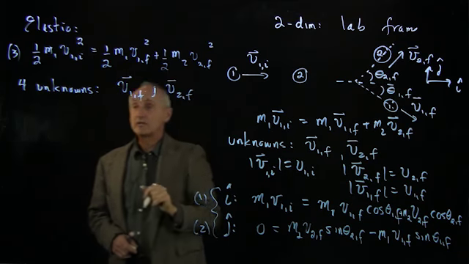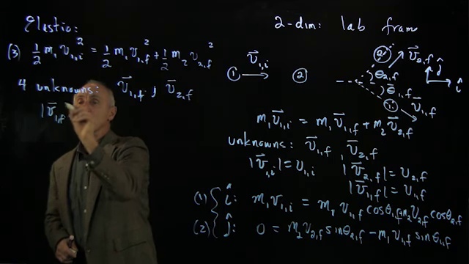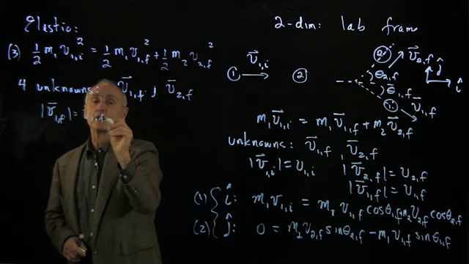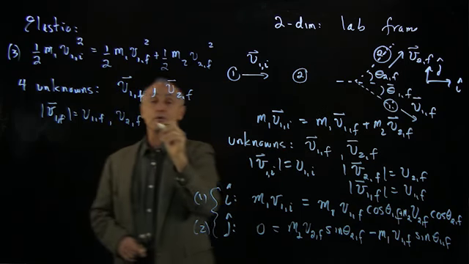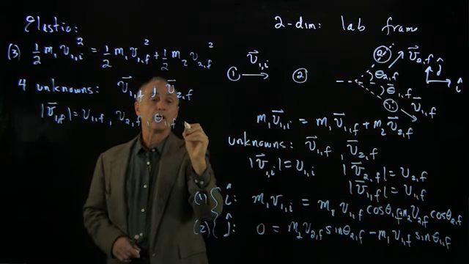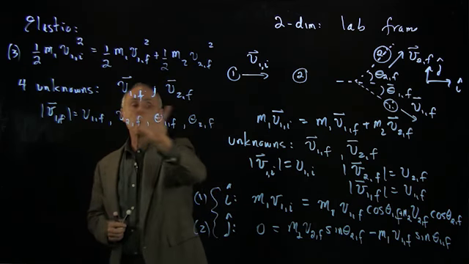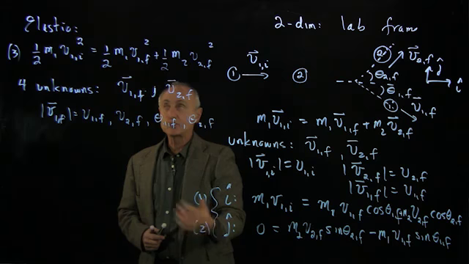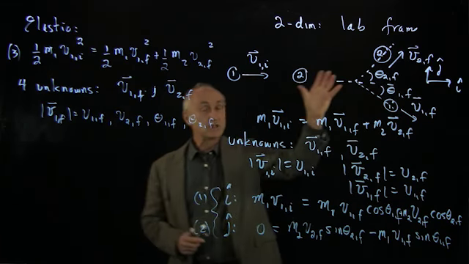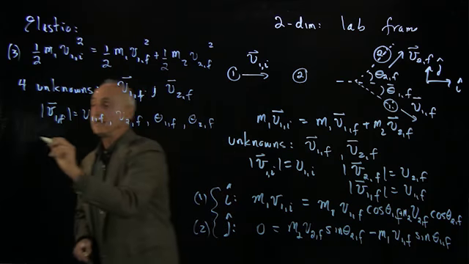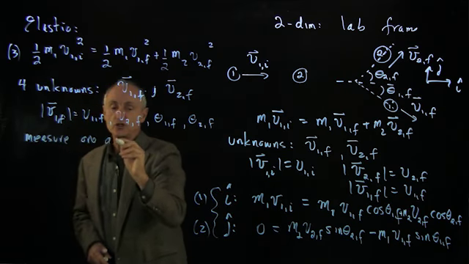But recall, in terms of the scalar magnitudes, we have v1 final, v2 final, and the two outgoing directions, theta 1 final and theta 2 final. So these are our 4 unknown quantities, but you can see we only have 3 equations. And therefore, if we want to determine the outcomes, we need to measure one additional quantity.